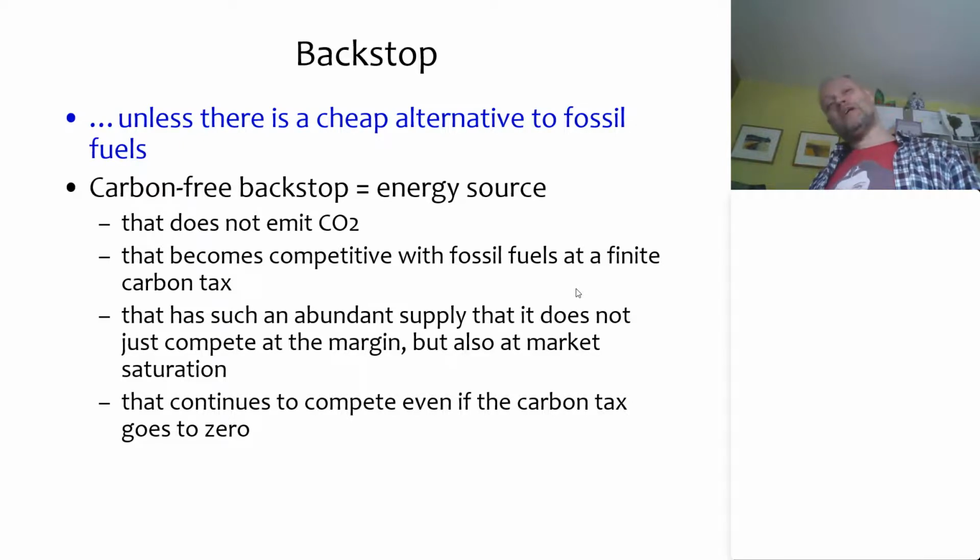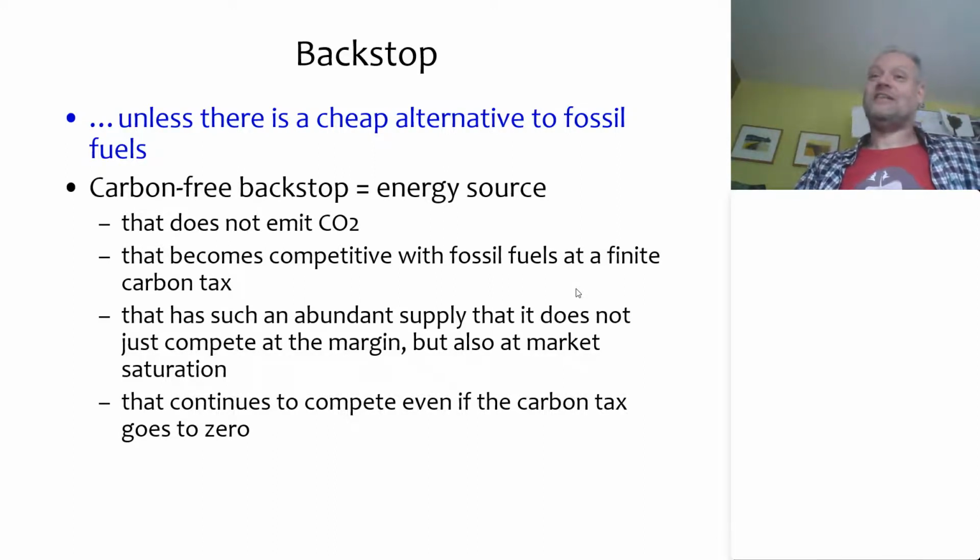But if you introduce a carbon backstop into a Nordhaus-like model, as Nordhaus himself actually did, then that conclusion changes and you can stabilize the climate in a cost-benefit analysis. And that carbon-free backstop has to meet 4 criteria for it to be a backstop and work in this way.